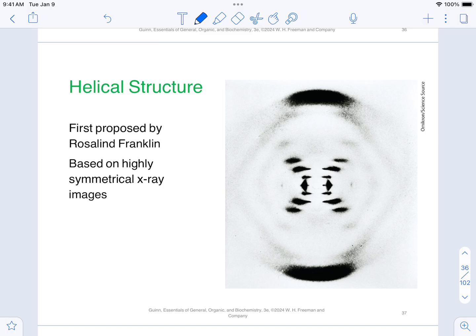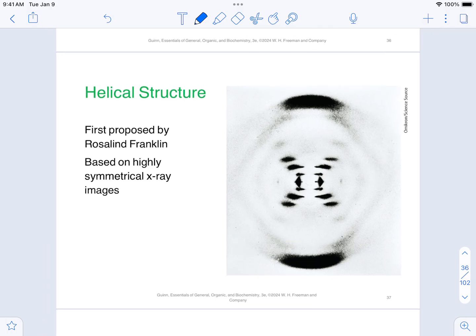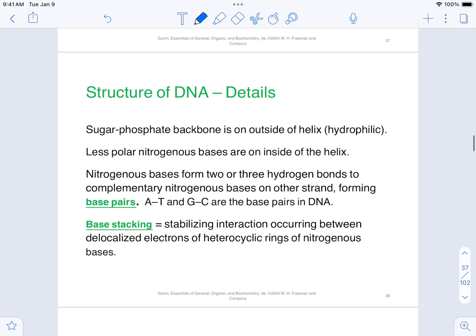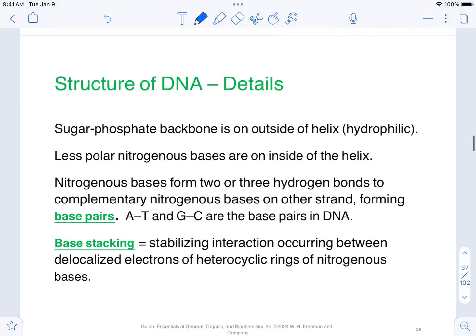So your sugar phosphate backbone is on the outside of the helix, and this is in an aqueous environment. That's why it's hydrophilic, water-loving. Your non-polar, your less polar nitrogenous bases would be on the inside for the opposite reason.